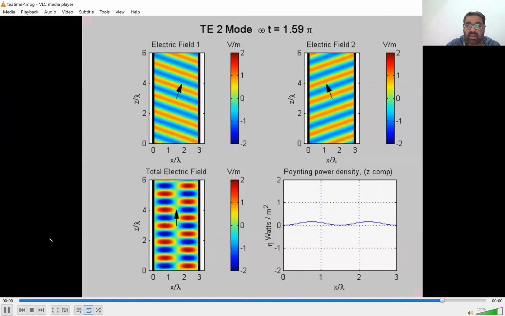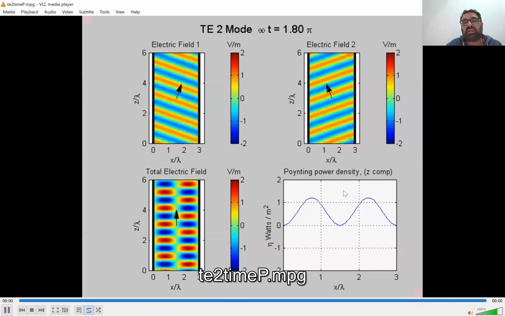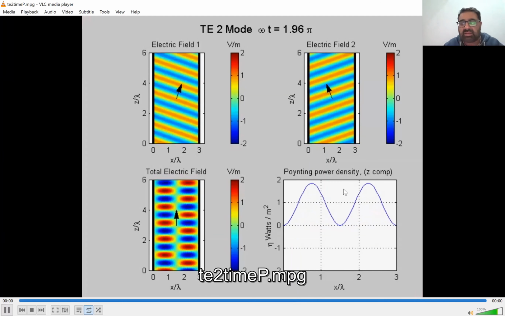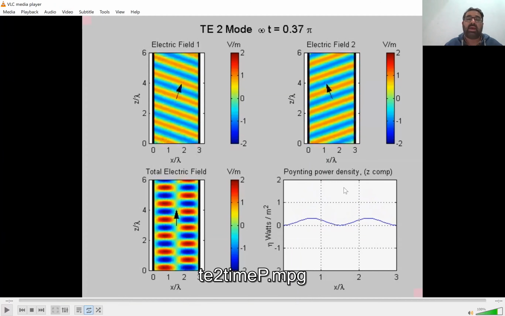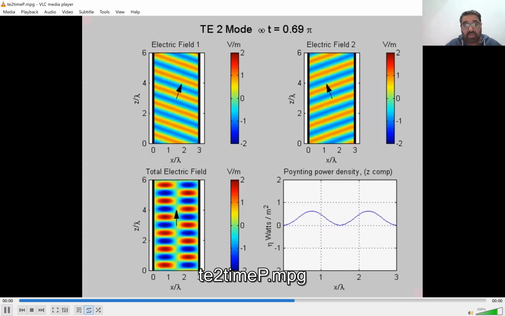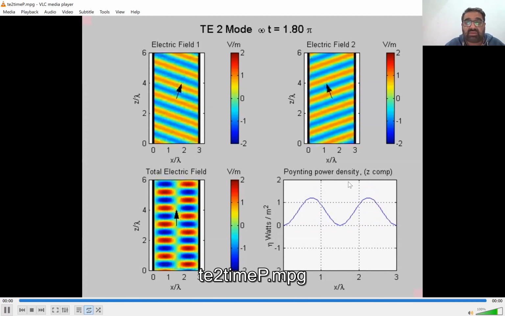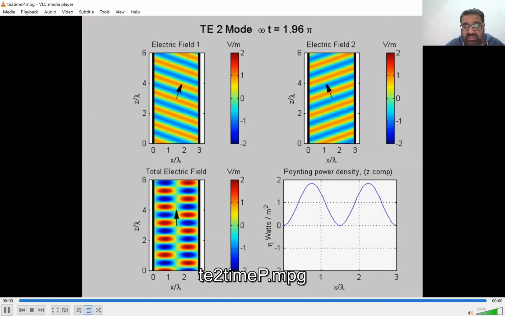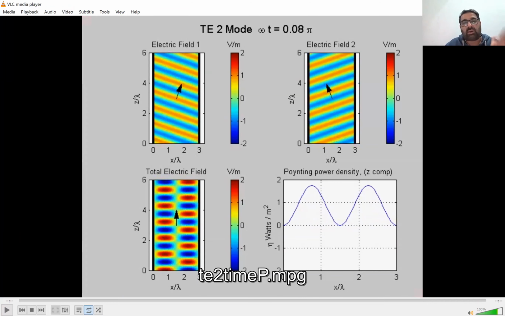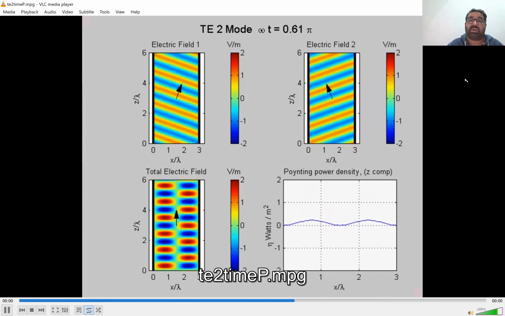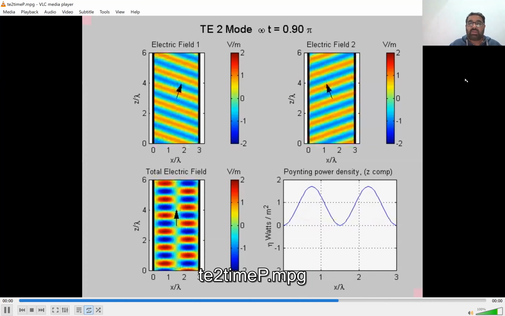And obviously it's power density, so it's electric field squared here, because of which you don't see the negative portion. So that's the whole picture one can imagine in the mind: standing waves along the transverse axis, and along the z-axis, the guide direction, waves are propagating. Okay? So let's come back to our mathematics which we were doing.